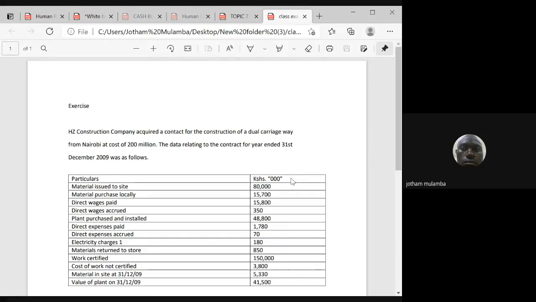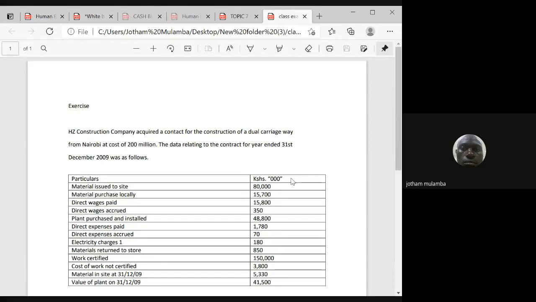We have materials on site, materials purchased locally, direct wages paid, direct wages accrued, plant purchased and installed, direct expenses paid, direct expenses accrued, electricity charges, materials returned to store, work certified, cost of work not certified.